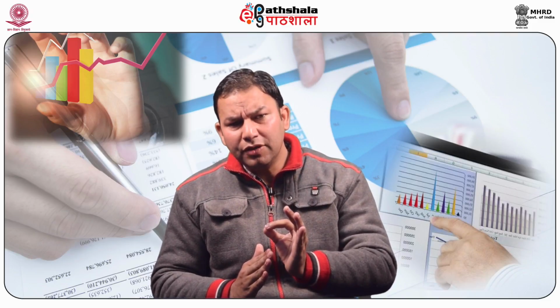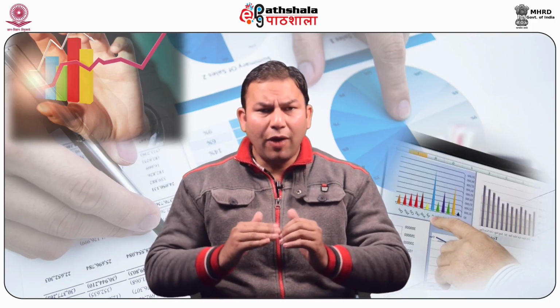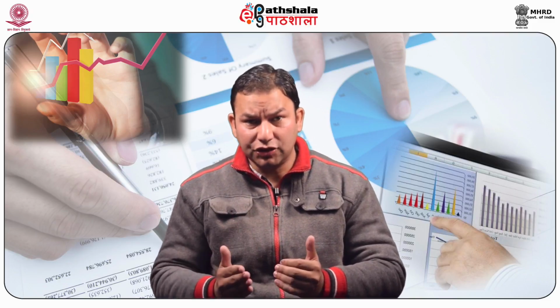Thus, a trial balance can be prepared at the end of the financial year when final accounts are to be prepared. It is prepared before preparing the final accounts, that is, the trading, profit and loss account and balance sheet.